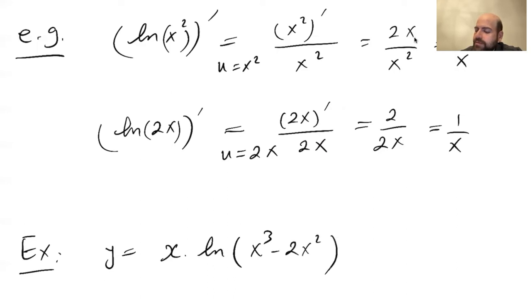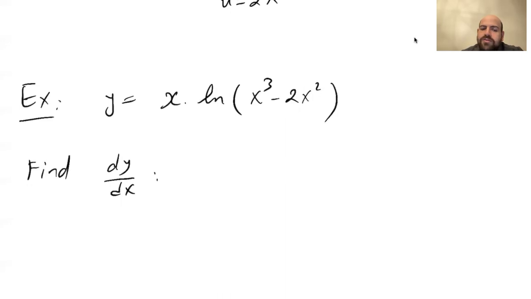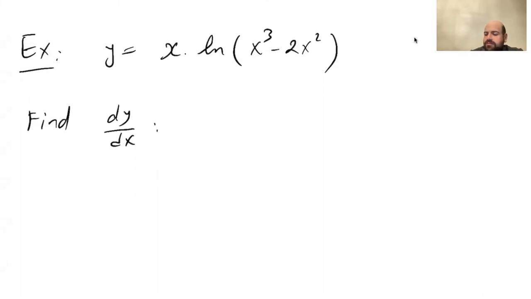Find dy/dx. So for dy/dx, we need to use the product rule first, because I have a product of two functions, x times ln of some function, right? So use the product rule.